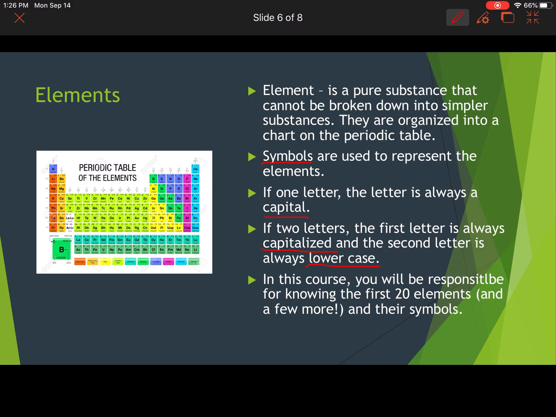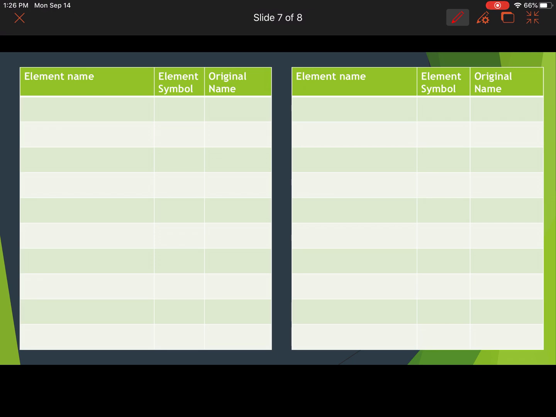So in this course, you are going to be responsible for knowing at least the first 20 elements on the periodic table, and we have about 10 more, and their symbols. So you've got to memorize these. And when you come to class next, we'll play some bingo with the elements, which is pretty fun. And we'll see how you do at memorizing them. So we're going to write down the ones that you need here.